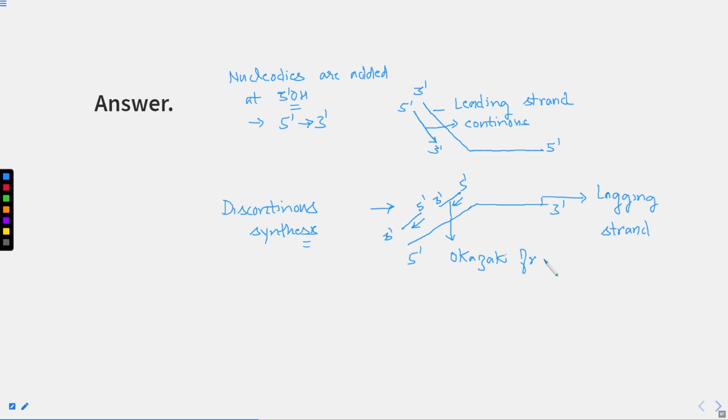They were discovered by the scientist Okazaki, and they have been named after the discoverer. Here again, an RNA primer is synthesized again and again, and the DNA synthesis is discontinuous. Now this is clear.